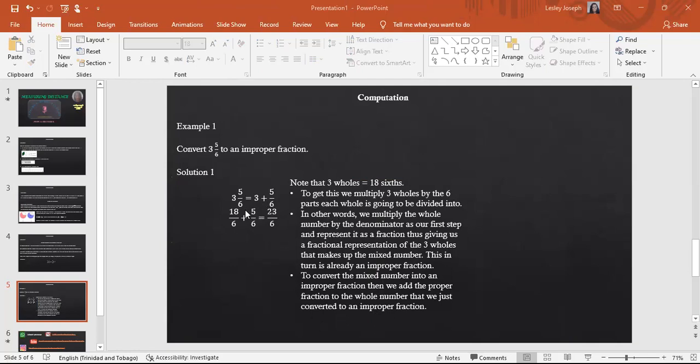How we got this 18/6 is that we multiply the 3 wholes by the 6 parts of each whole it is going to be divided into.